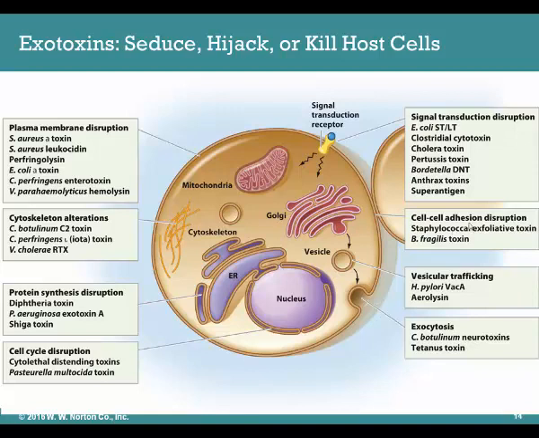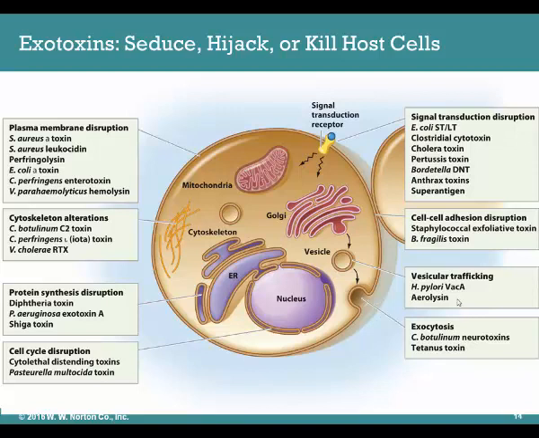Cell-cell adhesion could be disrupted, so cells in a tissue are normally interacting with their neighboring cells, but the exfoliative toxin of Staphylococcus breaks these interactions by cleaving the proteins that are holding together these cells, and so you get the loss of the epidermis in things like scalded skin syndrome.